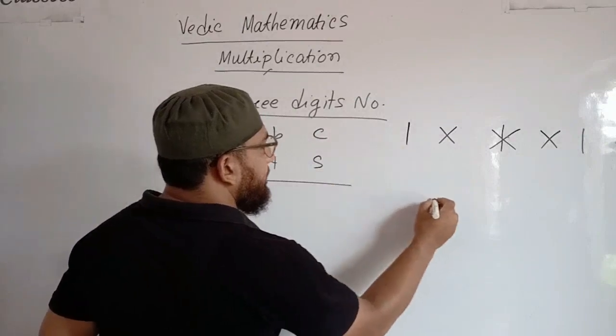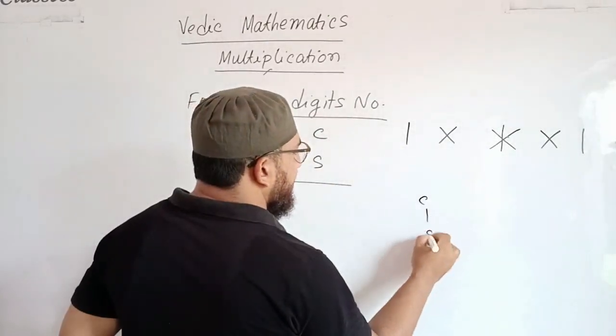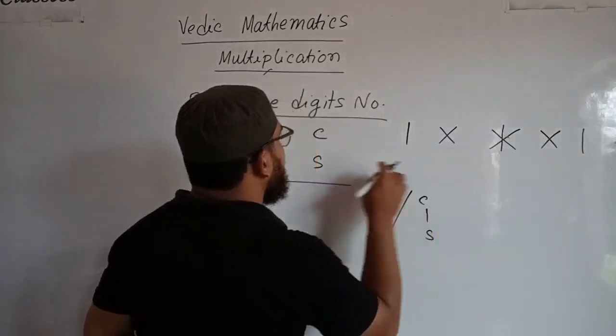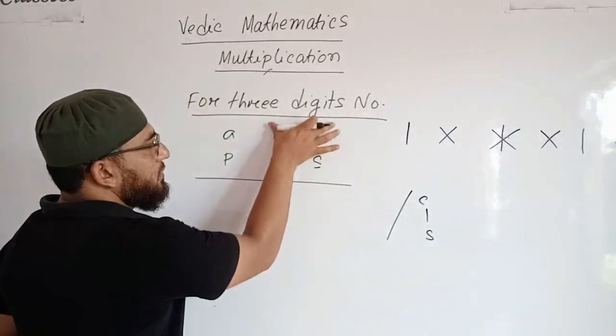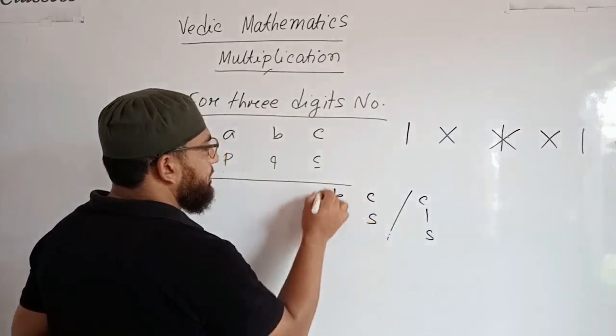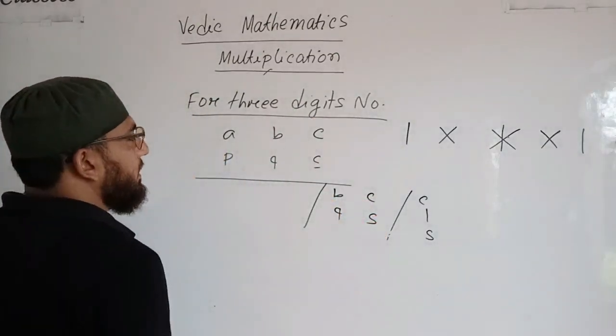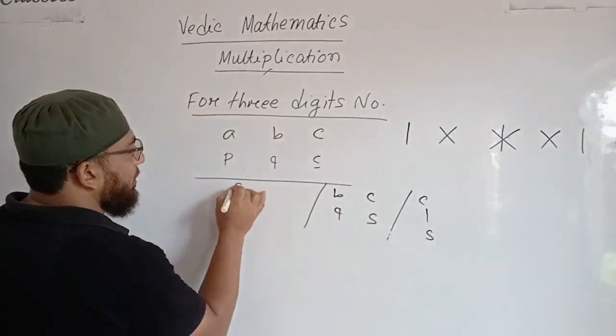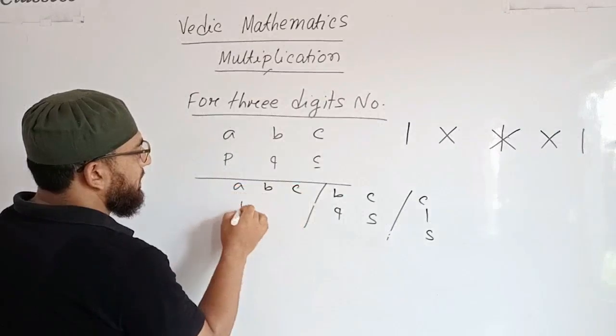First is vertical. So CS, this is the vertical operation. Then here is crosswise. Then crosswise of this number, QS. Then vertical with crosswise means you have to take all this number, PQ.